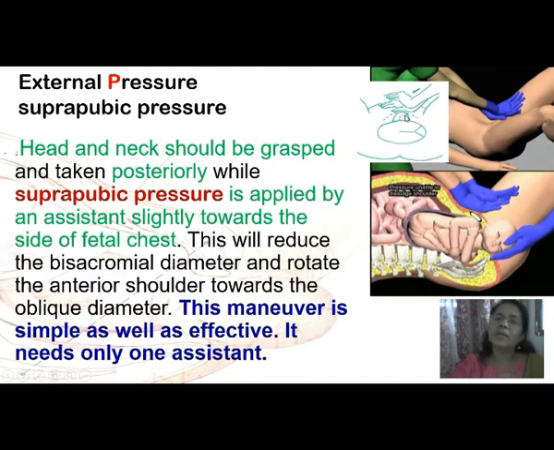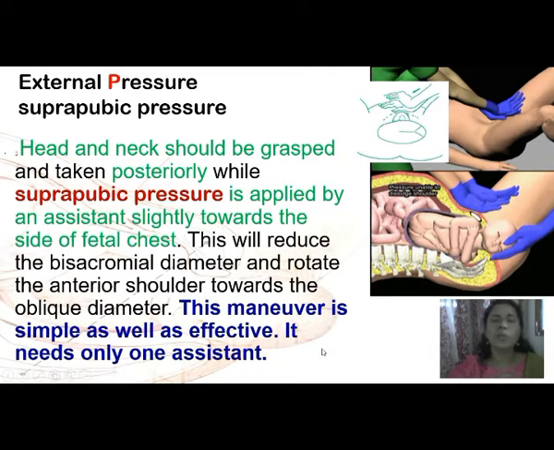So the shoulder stuck behind the symphysis pubis will be released. When we give the pressure from back to front, the impaction will be relieved. This will reduce the bisacromial diameter and rotate the anterior shoulder from the anteroposterior diameter towards the oblique diameter. This maneuver is simple as well as effective.